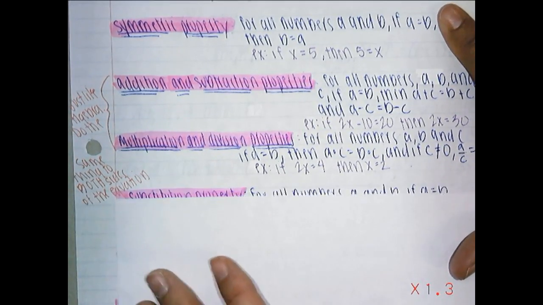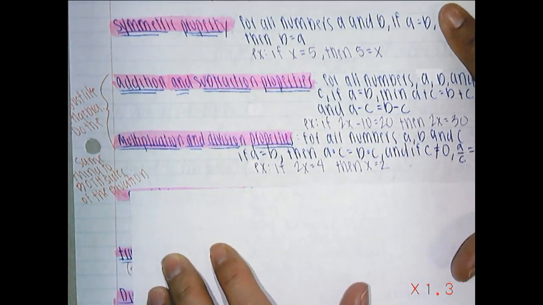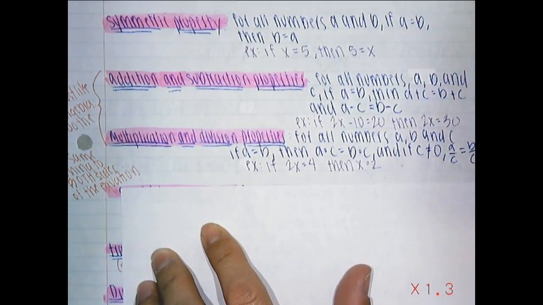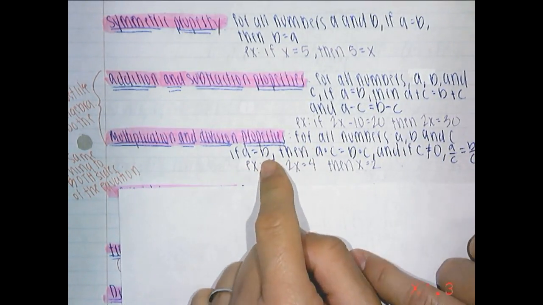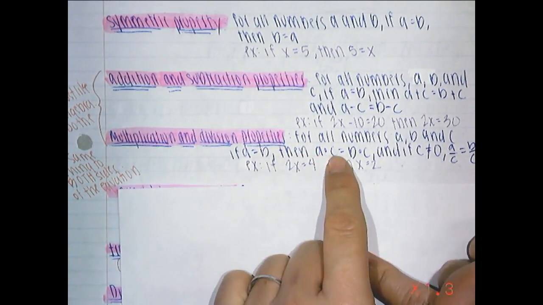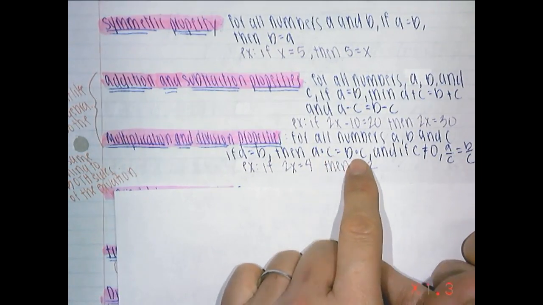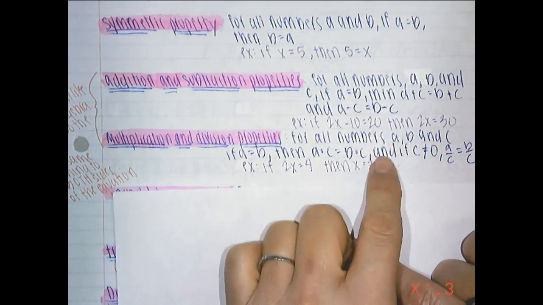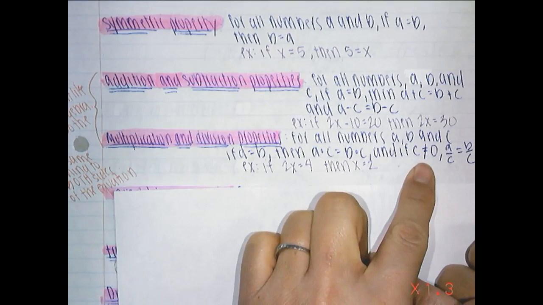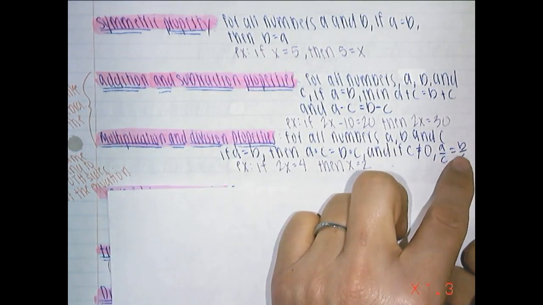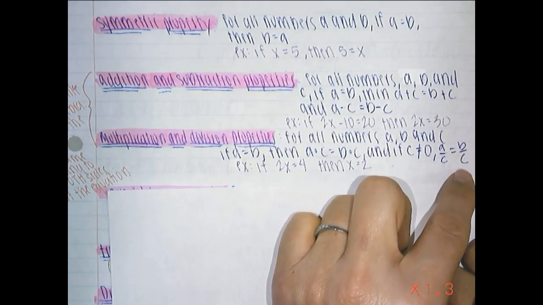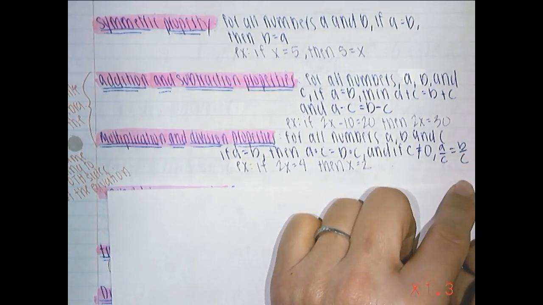All right, so here is the multiplication and division property. For all numbers a, b, and c, if a equals b, then a times c equals b times c. And if c does not equal 0, then when you take a and divide it by c, it will be equal to taking b and dividing it by c.